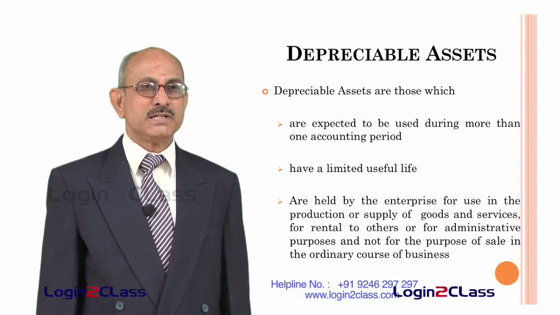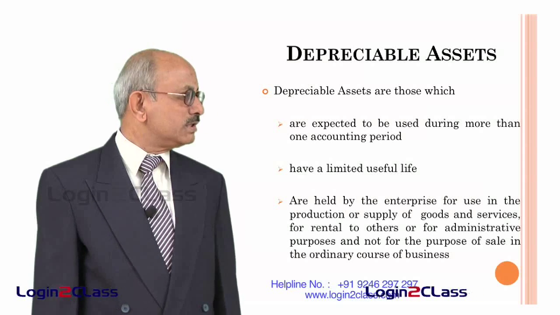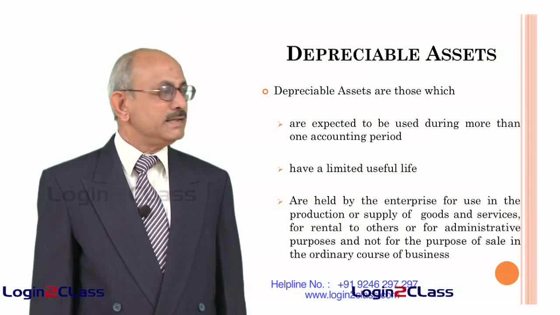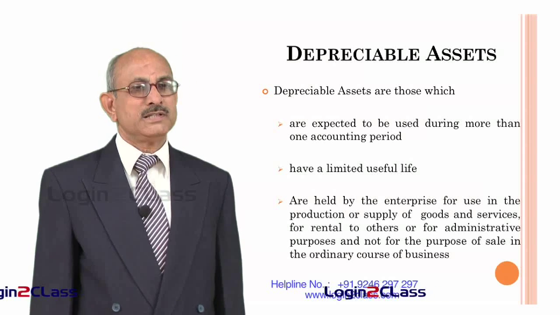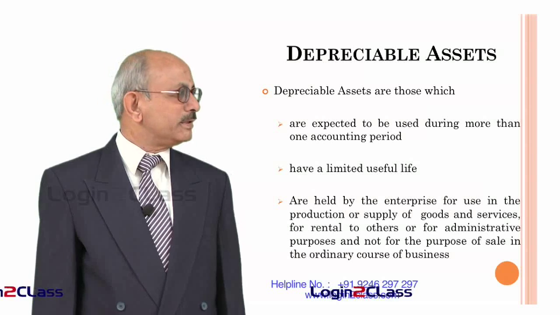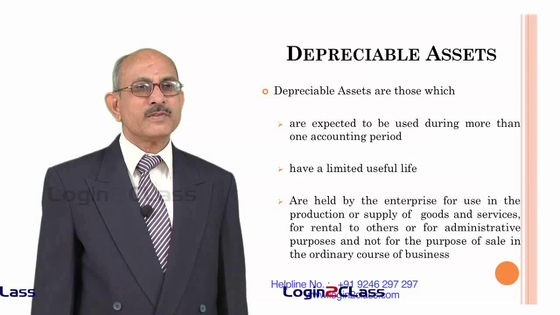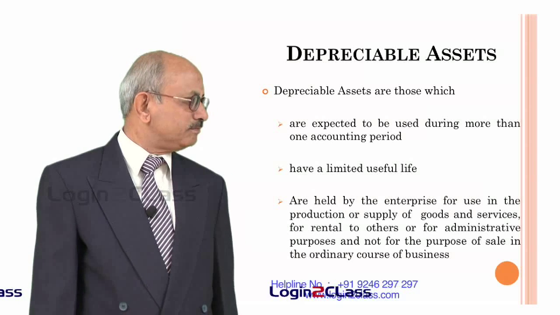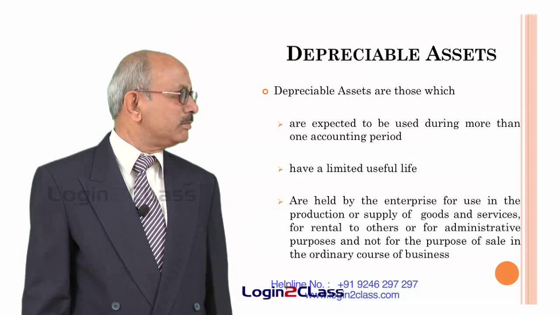For example, machinery or furniture or air conditioner used in the office of an entity is for administrative purposes. So, that is also treated as a depreciable asset. So, normally depreciable assets are fixed assets which are used by the entity. So, all these characteristics have to be met to be called a depreciable asset.